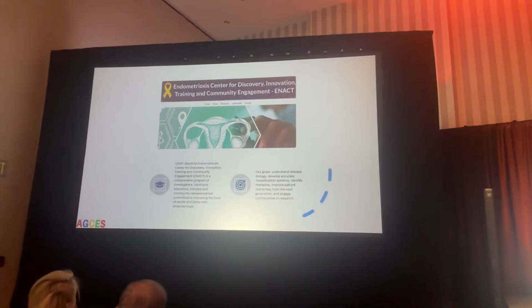This brings me to ENACT. ENACT is the UCSF Stanford Endometriosis Center for Discovery, Innovation, Training, and Community Engagement. It's explicitly structured with both an administrative core and an education and community outreach core to connect rigorous science with community priorities.